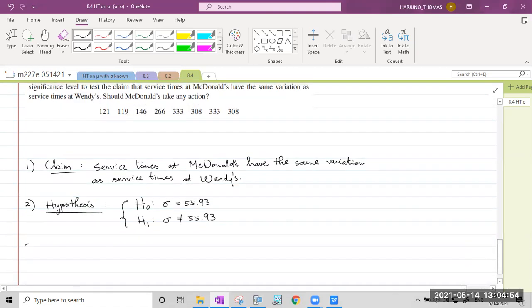Okay, now step 3, I will do the test statistic, but for us to find the test statistic, we need to first find the sample variance. Chi squared equals, how many data here? 8. Okay, so 7 times the sample variance, which we don't have yet. We will compute that later on. Over population variance, 55.93 squared.